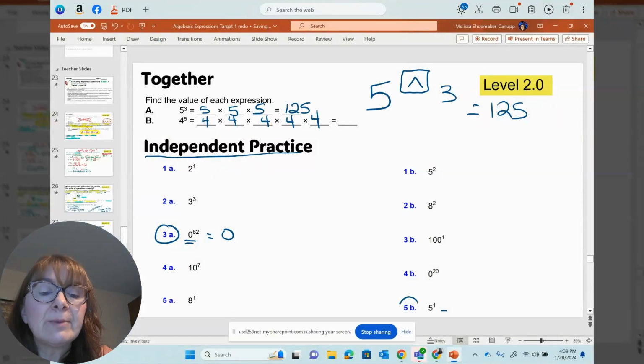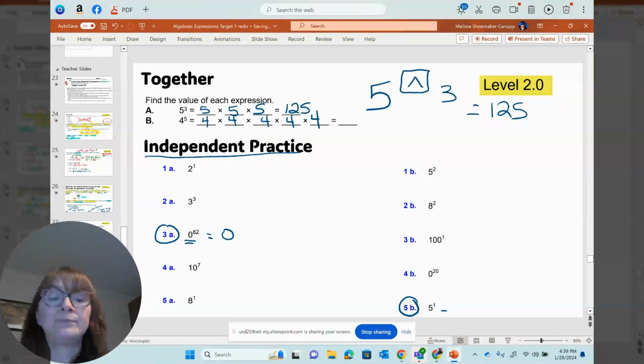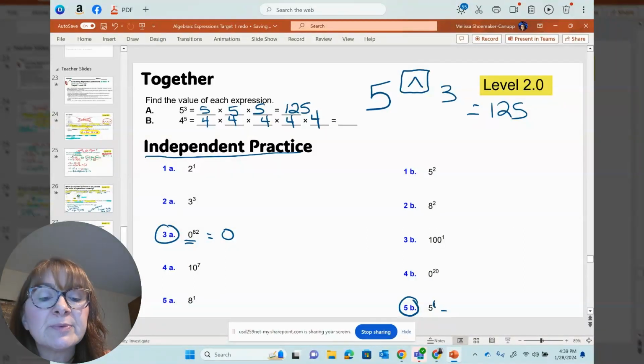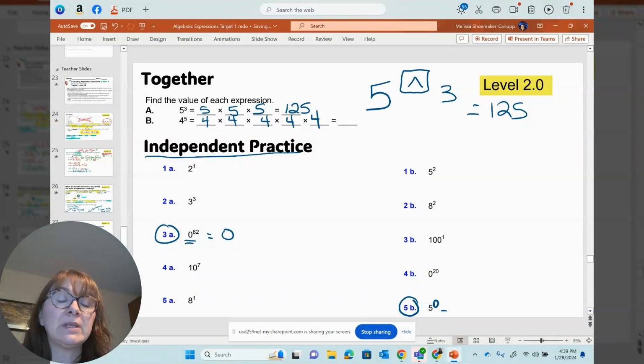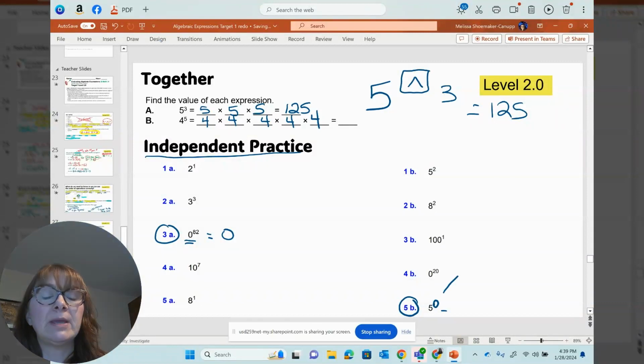The last thing that I'm going to point out is 5b. Anytime, oops, this is supposed to be a 0. Anytime that you have 5 to the 0 power, okay, anytime you have any number to the 0 power, I'm going to make a note.